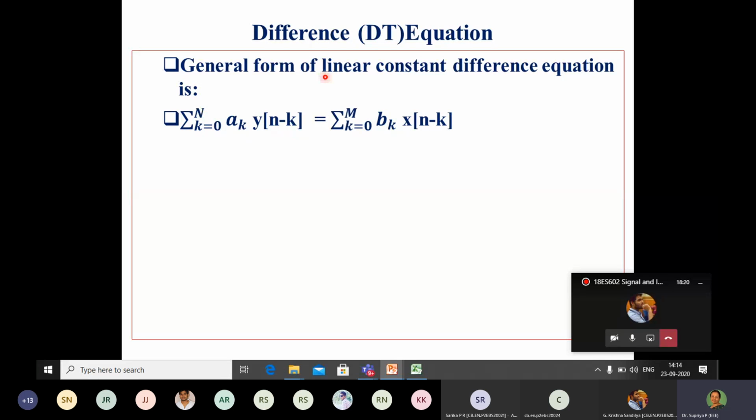Similarly, for input, we could have delayed versions x of n minus k, where k could vary from 0 to n. Since we are going to have such a variation, you know that the values of a and b would be different. They could be 0 in some cases, they could be present in some cases, they could be very large in some cases. As a result, the expression of the system would change.